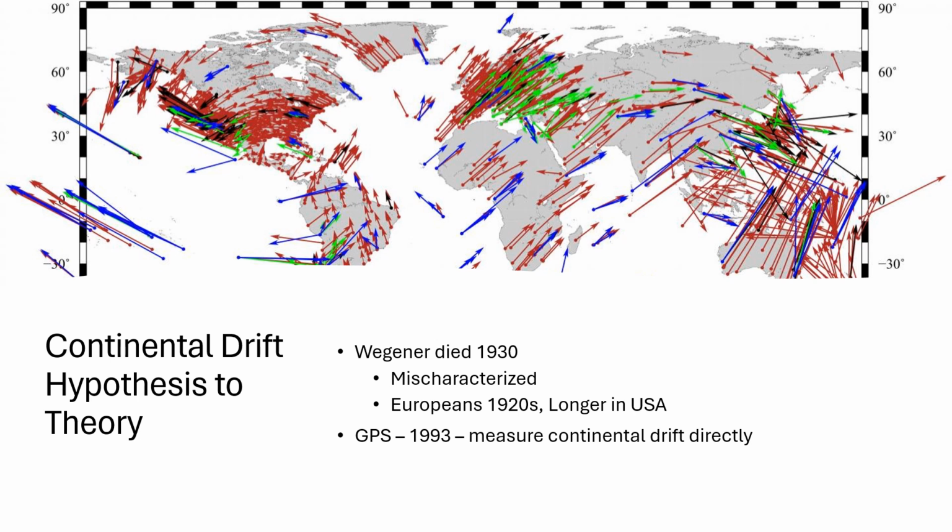Now, with today's technology, using GPS, in real time, we can measure not only how fast continents, those plates, are moving, but their direction. Where are they going? In this image that you see, each color is a different system, that's a better way of putting it.